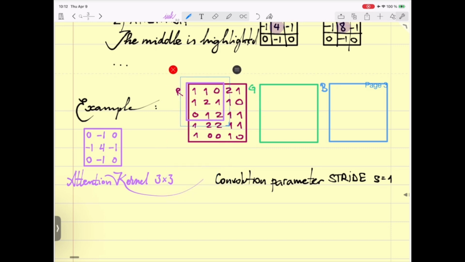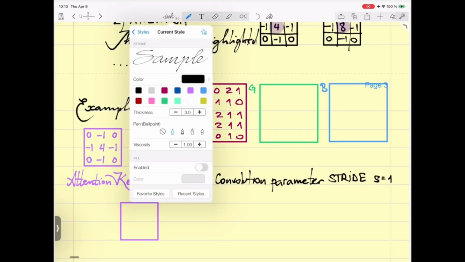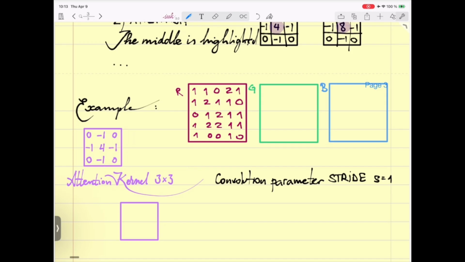Okay, so let's do the first one here. The first window is going to be this one. Okay, you have the video, so you can pause it anytime you want. So we have a red domain 1, 1, 0, 1, 2, 1, 0, 1, 2.